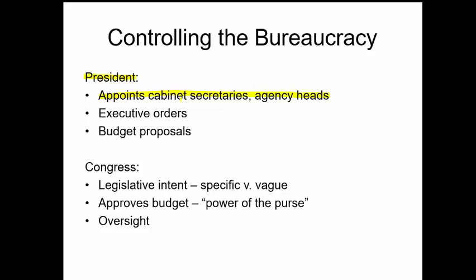So therefore, he has to appoint people that are very competent, very clear as to what the president's goals are, what his agenda is, and they are loyal to that agenda, to trying to make his administration as successful as possible. The president also can use executive orders, as we talked about, to change the structure or to provide a rule that the bureaucracy is going to have to follow.